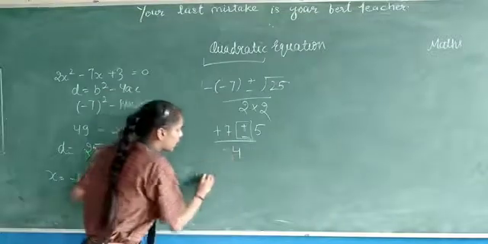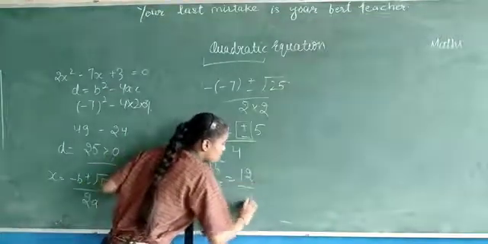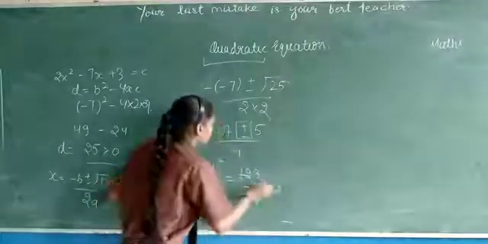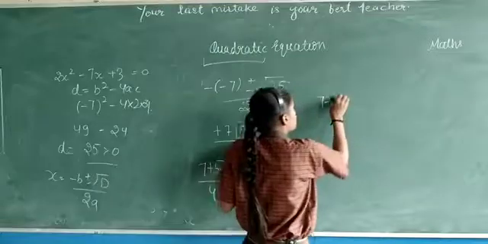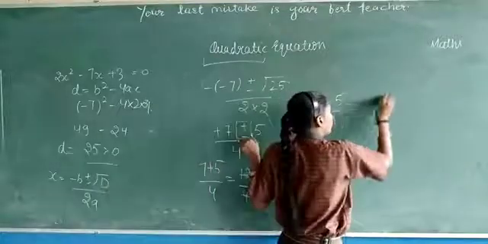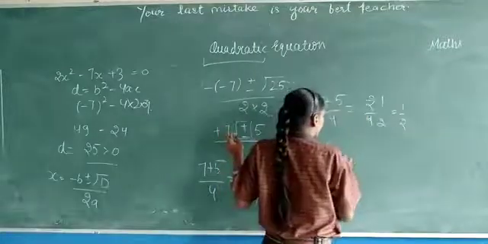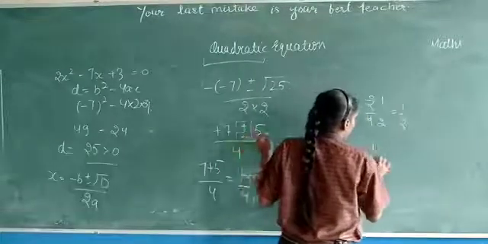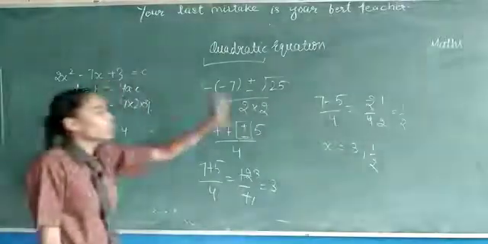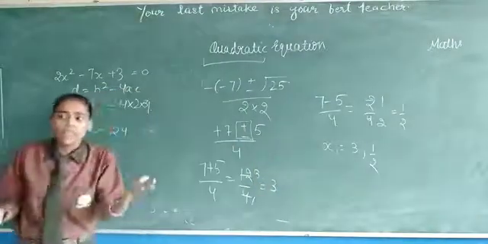When we add, 7 plus 5 upon 4, 12 upon 4, the answer is 3. When we subtract, the answer is 1 by 2. So there are two roots, 3 and 1 by 2, which satisfy this equation. These are the roots of the quadratic equation with the help of the quadratic formula.